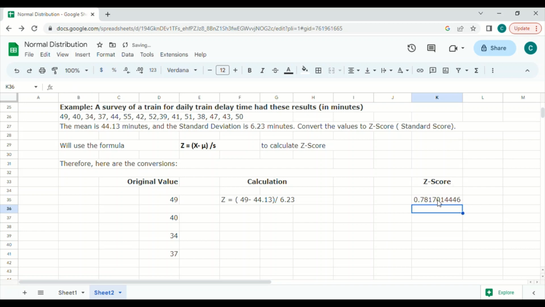Press enter, we get the z-score value, which is 0.78. Therefore it is 0.78 standard deviations away from the mean.